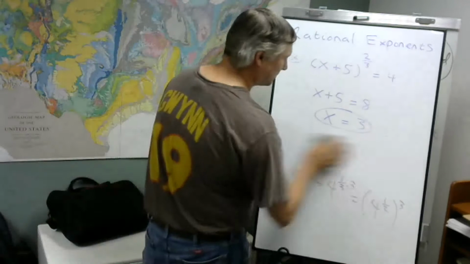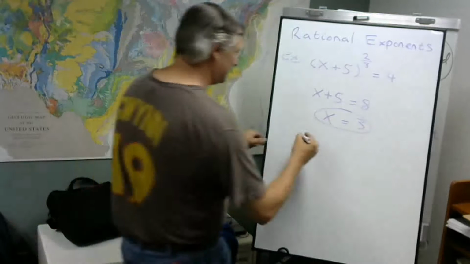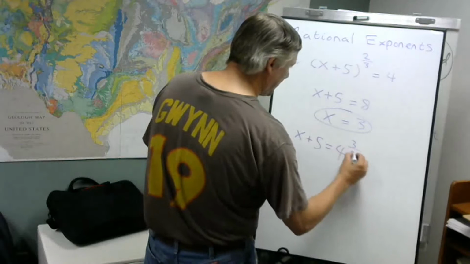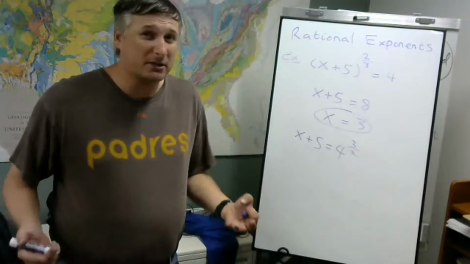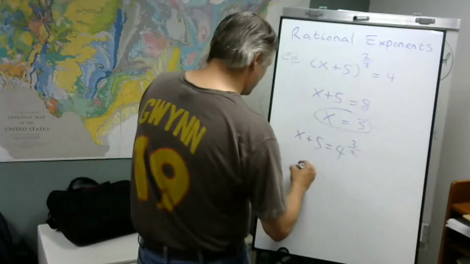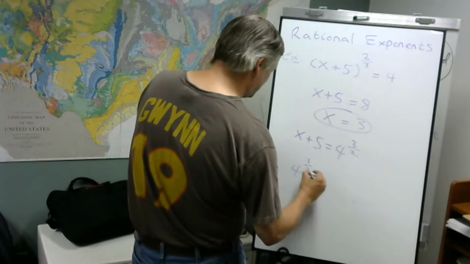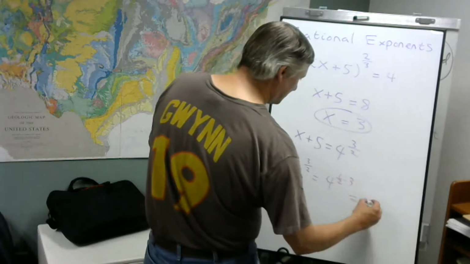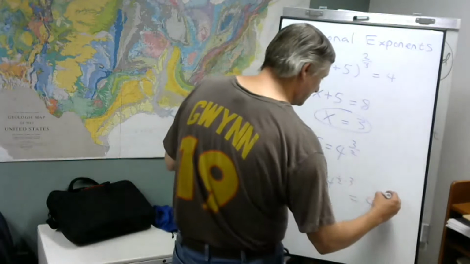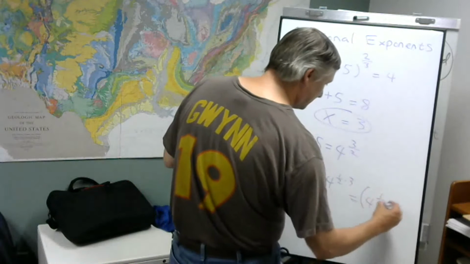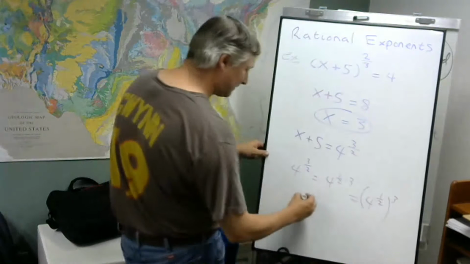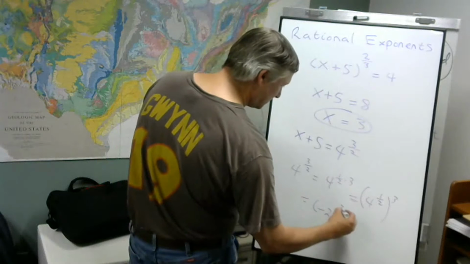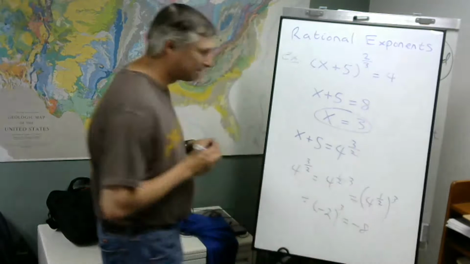I'll start this over again. So x plus 5 is 4 to the 3 halves. We're taking an even root, so there's a negative root here as well. So 4 to the 3 halves is 4 to the 1 half times 3, or 4 to the 1 half raised to the 3rd power. Or square root of 4 is going to be negative 2 cubed, or negative 8.